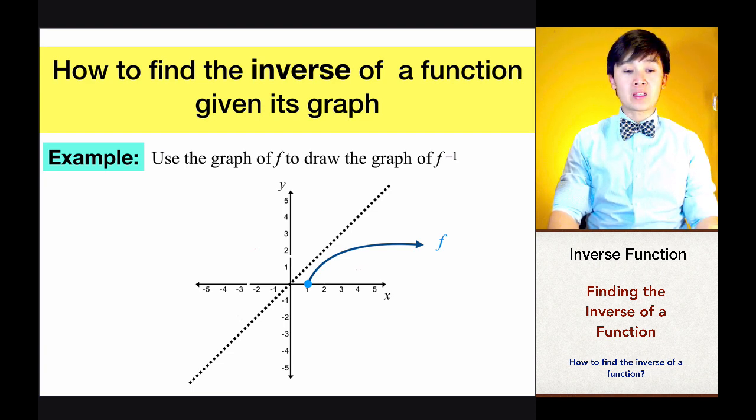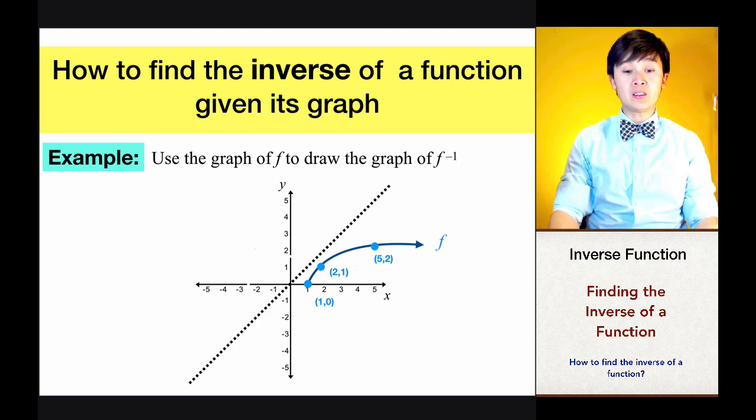Now the next point that I will assign will be at this point over here, which is approximately at 2 and 1, and I can also add another point over here, which is at 5 and 2. So given that the ordered pairs of 1 0, 2 1, and 5 2, we'll be able to find the inverse of a function by plotting the points across the line y is equal to x.